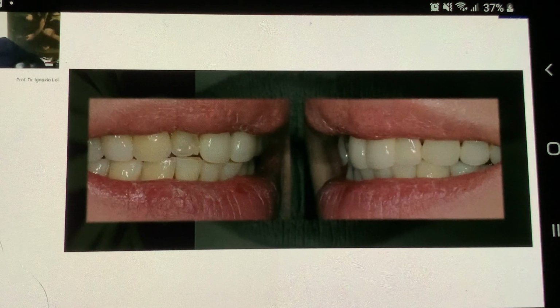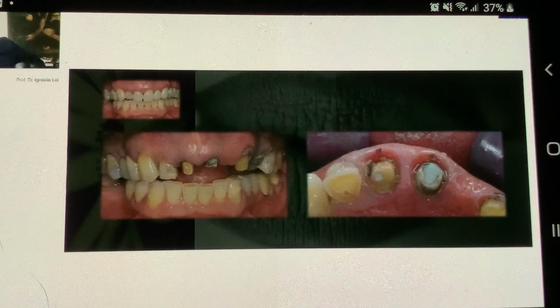This is a case of an old rehabilitation which is adapted. It is more than 10 years old, and here we will remove the crowns, we will prepare the teeth, and we will position provisional teeth. Actually, when I removed the crowns, I saw that in the probing, the two central incisors presented some discrepancies in the subgingival part.